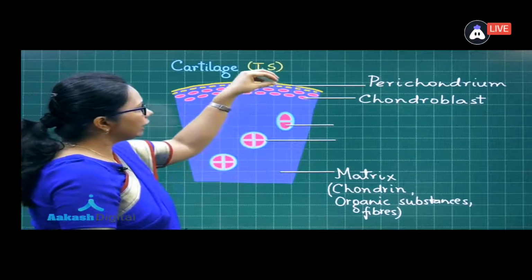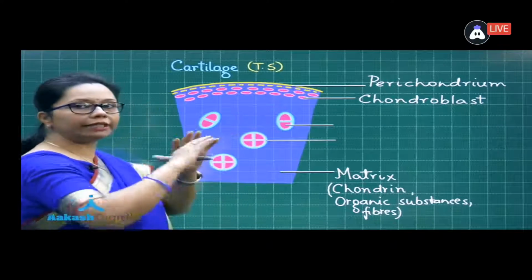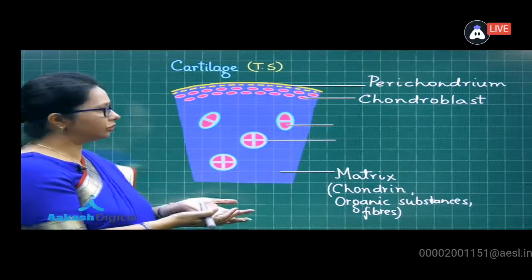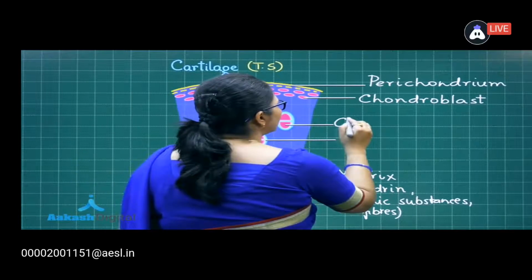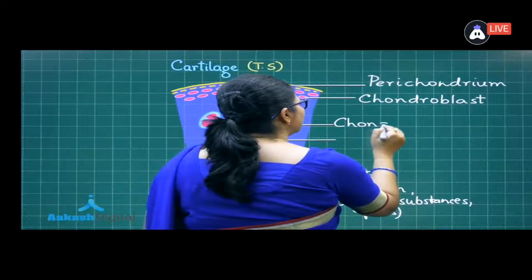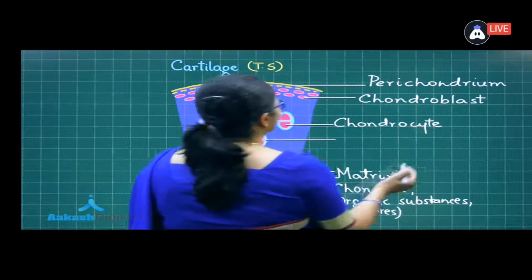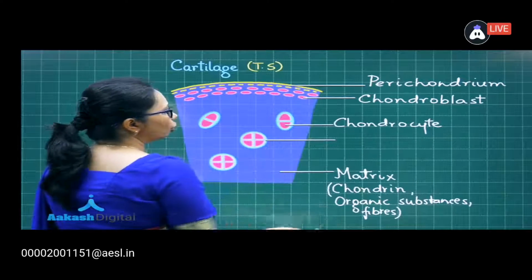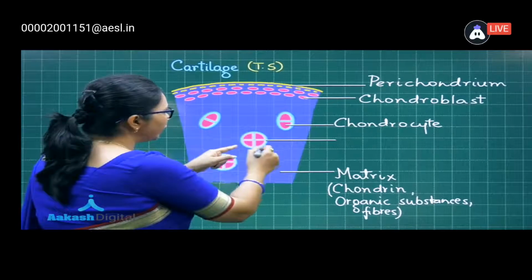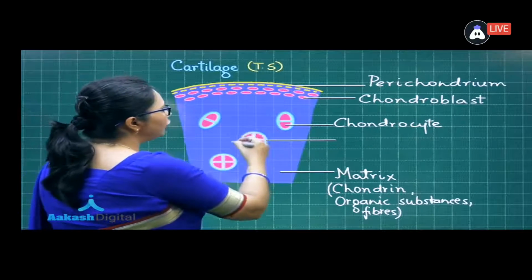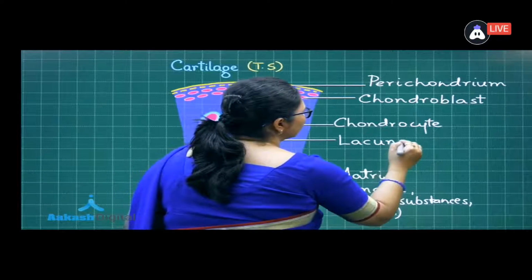Now when these chondroblasts, after secreting sufficient amount of the matrix, they themselves get surrounded by that matrix, and once they are surrounded by the matrix they are called chondrocytes, and they are the mature cell now. So chondrocytes are the ones which are surrounded by matrix on all sides, but they are not in direct contact with the matrix, but they are separated from the matrix by a fluid filled space, and that fluid filled space is called lacuna.